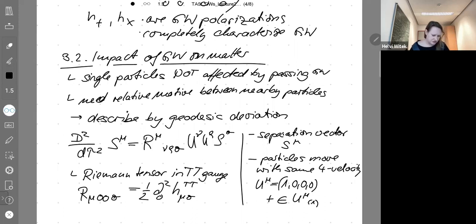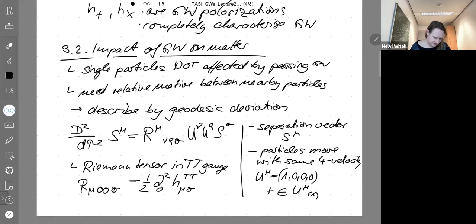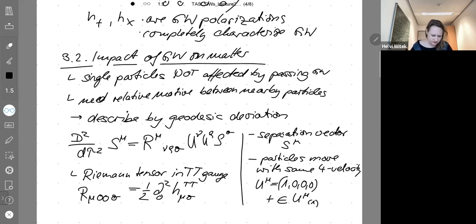Now the reason why I only wrote down this component is the following: if we insert our assumption for the 4 velocity in our geodesic deviation equation, we will see that indeed only the R mu 0, 0 sigma component will contribute to our deviation.